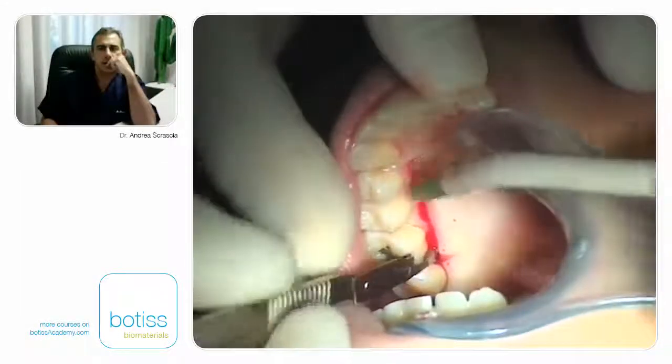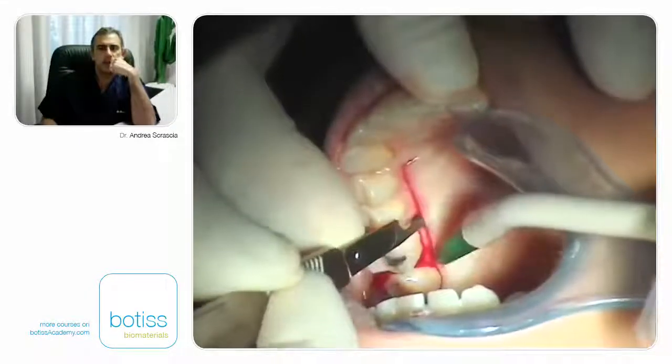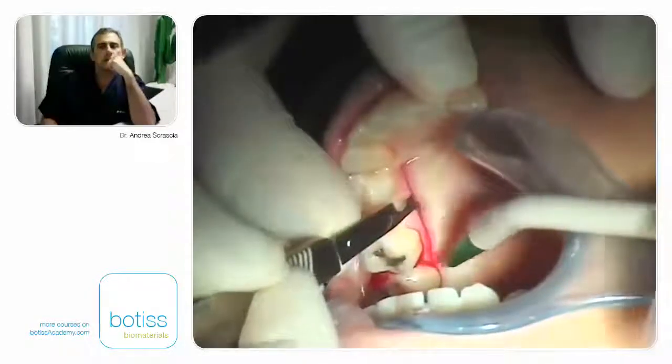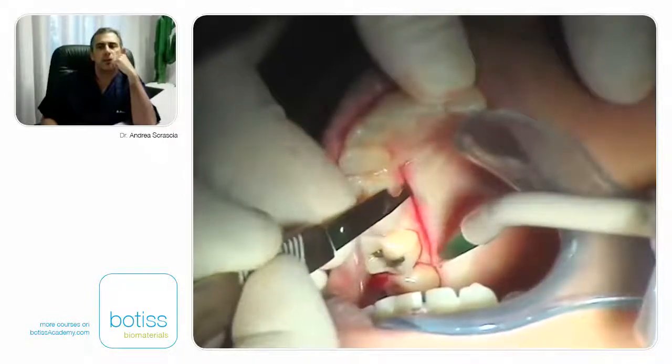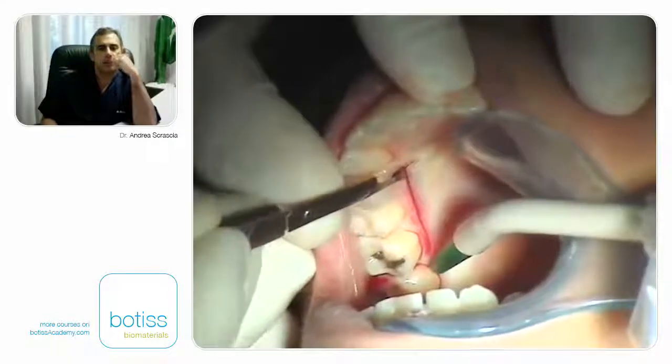And so at this point, I insert the blade horizontally to separate the subepithelial layer from the connective tissue underneath.